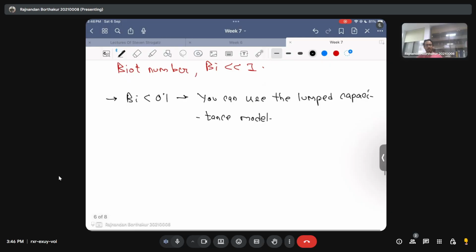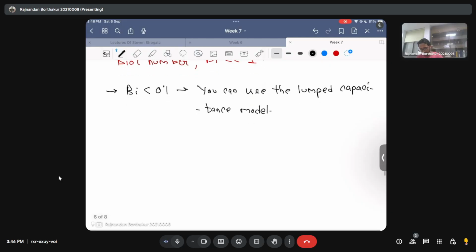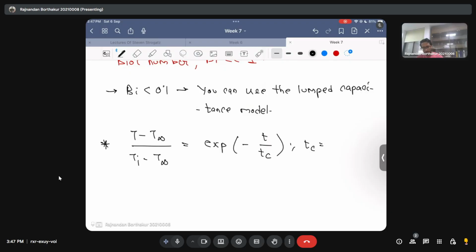Okay, so I want to discuss one more aspect of the form of the temperature profile that we just wrote. What we saw is that in the case of this lumped body where there is no heat generation, your temperature profile looks like (T minus T infinity) divided by (Ti minus T infinity) equals exponent of minus t by tau c, where tau c, which we call the time constant, is rho times C times Lc by h.